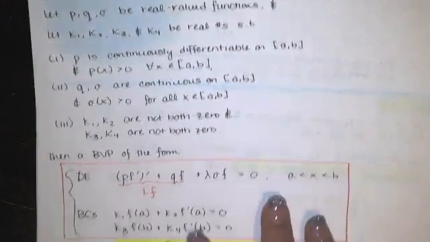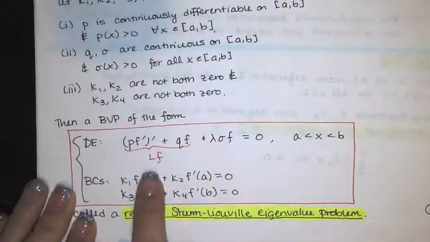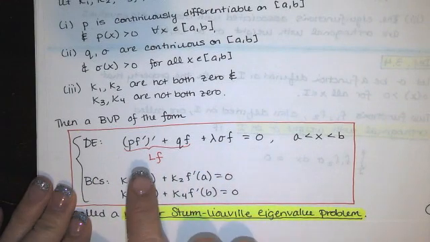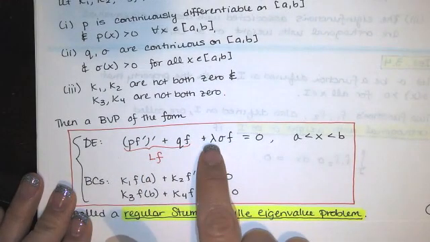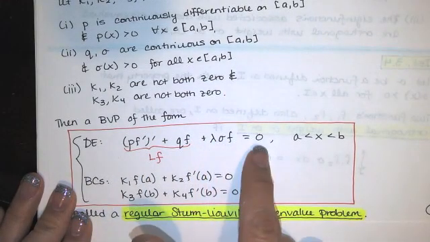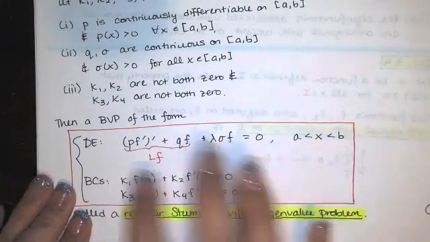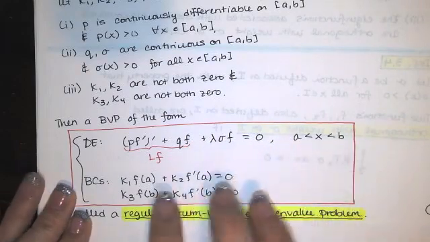Then this boundary value problem, which is a special form of that eigenvalue problem from before, is as follows. Remember, the eigenvalue problem from before was some linear differential operator applied to f plus lambda times sigma times f equals 0 for x on the interval from a to b. That's the differential equation you would see in an eigenvalue problem.